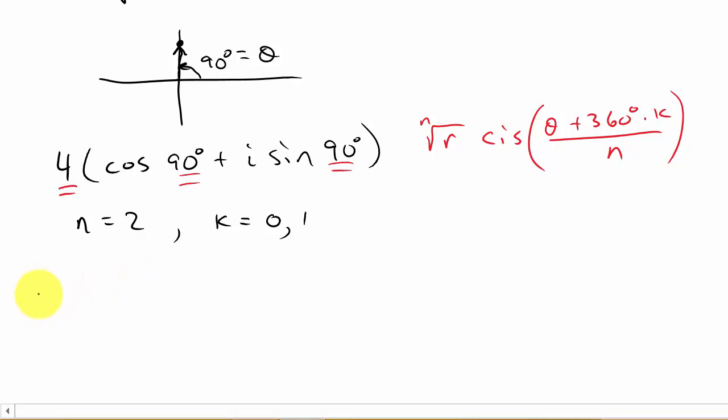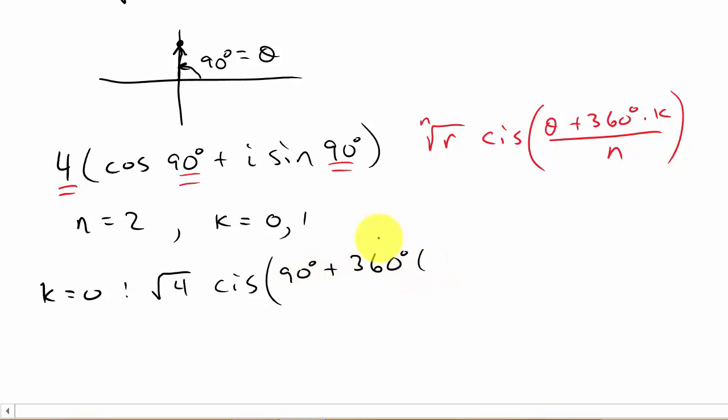So when k is equal to 0, we've got the nth root of r, so that's the square root. n is 2, and remember, square root is understood to be 2, of r. r is 4, times cis of theta, in this case 90, plus 360 times k, which is 0, over n.